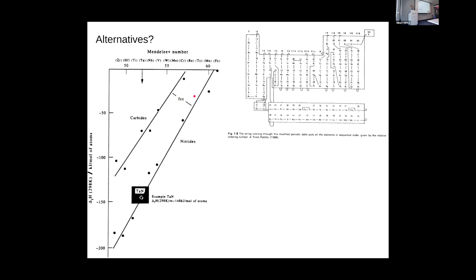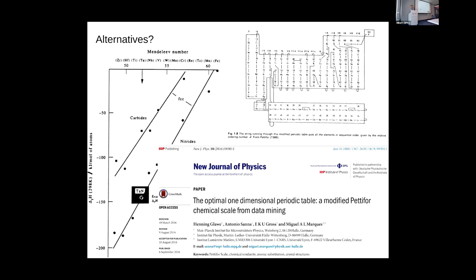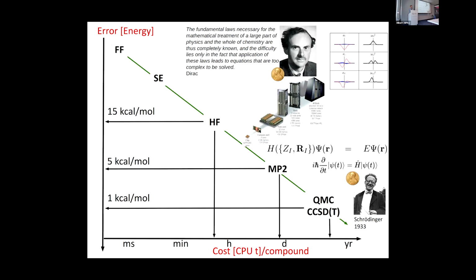So it's basically solved for that class of compounds, the problem of mapping out the compound space. People continue doing this, so Hardy Gross and Miguel Marques are well-known theoretical physicists who keep on working on this. So generally, there's this sort of landscape, and we have hierarchies of methods, right?